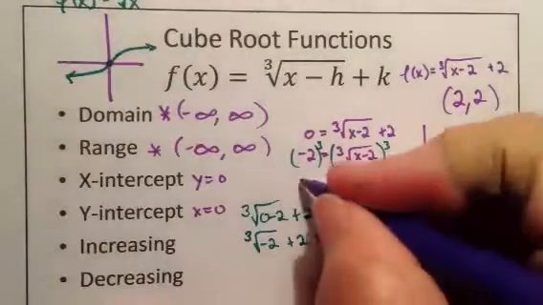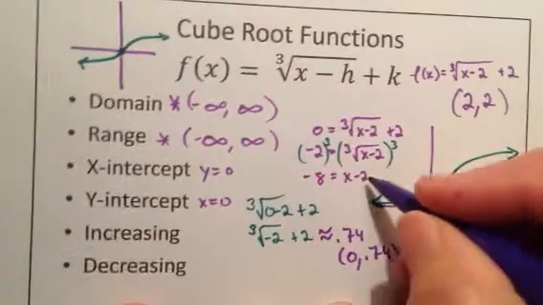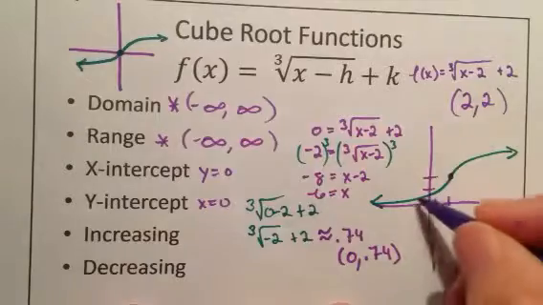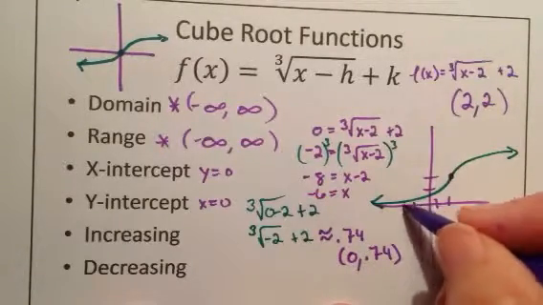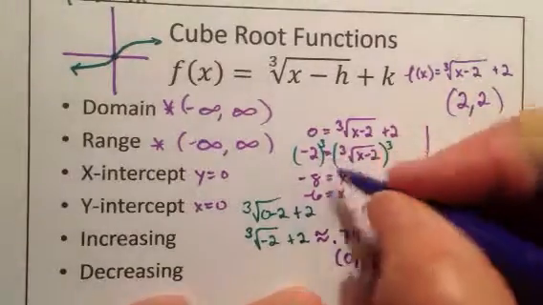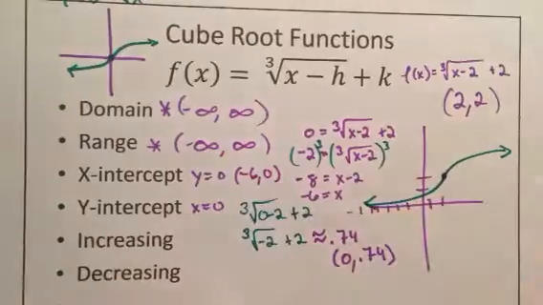So negative 2 cubed gives me negative 8 equals x minus 2. I can add 2 to both sides, so x is negative 6. So somewhere down here, 1, 2, 3, 4, 5, 6, it's going to cross that x-axis. And that intercept is at negative 6, 0.